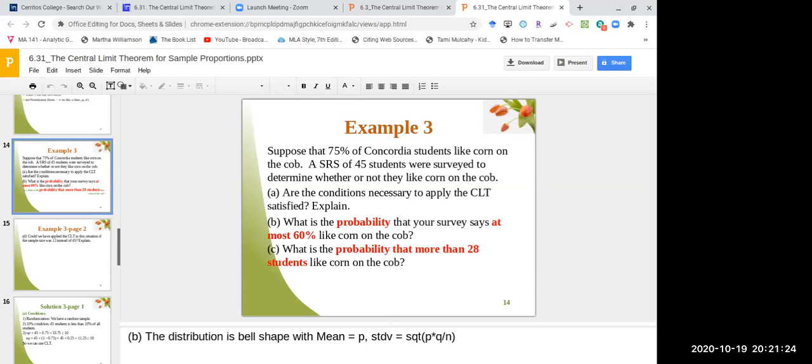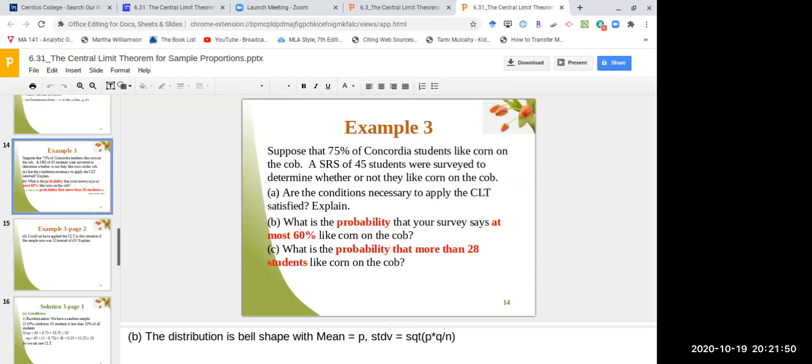Pay attention. This example starts on slide 14. Suppose that 75% of Concordia students like corn on the cob. An SRS, that's a simple random sample, of 45 students were selected to determine whether or not they like corn on the cob. Are the conditions necessary to apply the CLT satisfied? Explain. She's going to test on the assumptions.